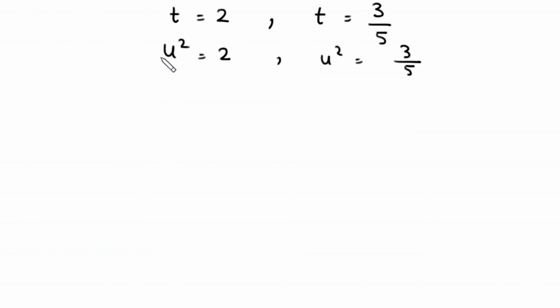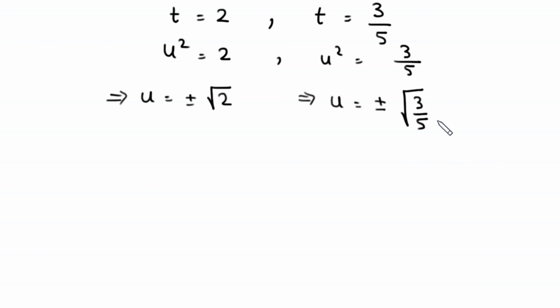Now if we take a square root of both sides, this implies that u is equal to plus or minus root 2, and for the other equation, u is equal to plus or minus root of 3/5, and this is the same as plus or minus root 3 divided by root 5.